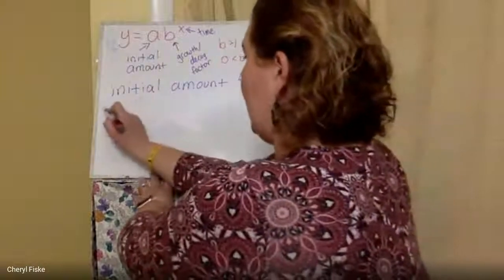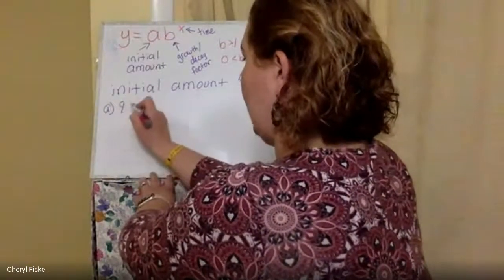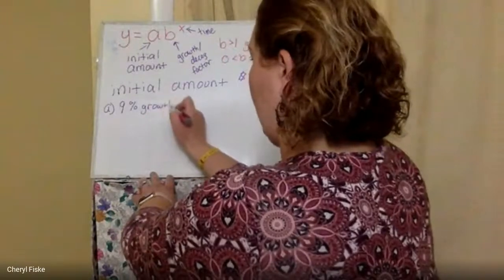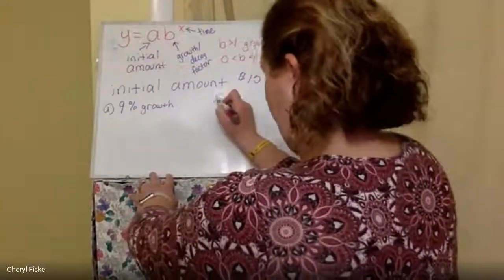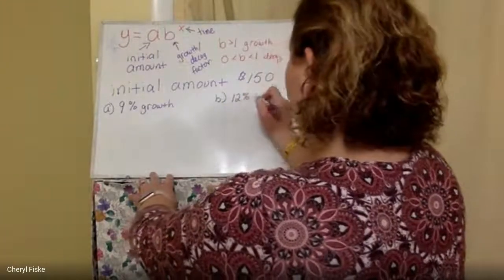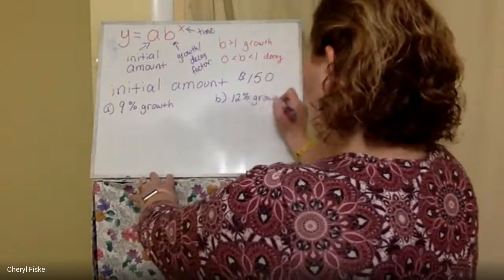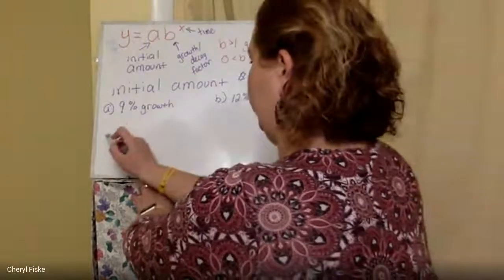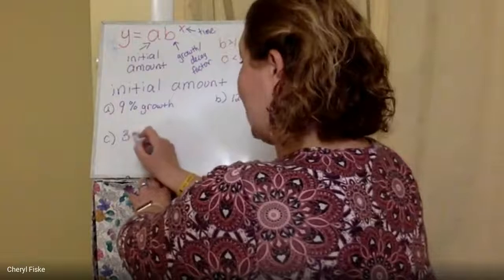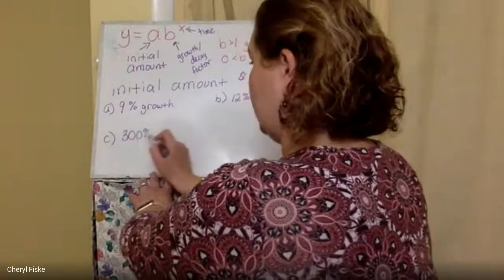Let's say A is 9% growth. I want to write the equation. B is 12% growth. I want to write the equation. C is 300% growth.